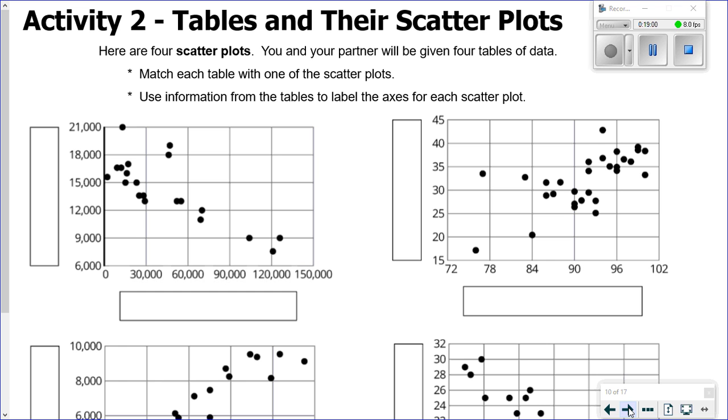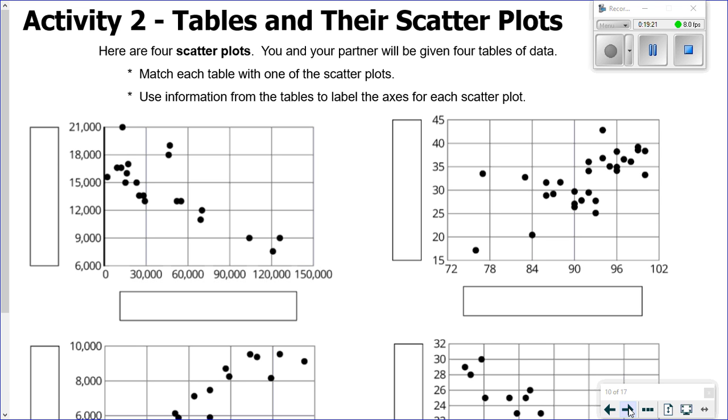And then you're going to label the X and Y axes, or the horizontal and the vertical axes, to align with the data presented in each table. Once you are done assigning an overall title to your graph and labels for the X and Y axes, go ahead and press play and check your work with mine.